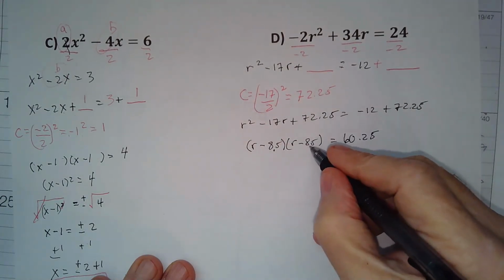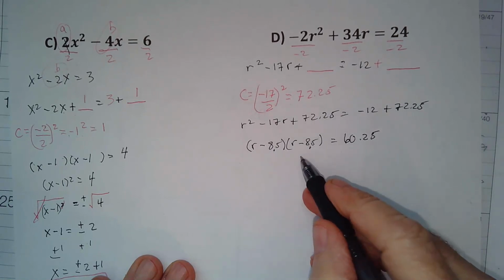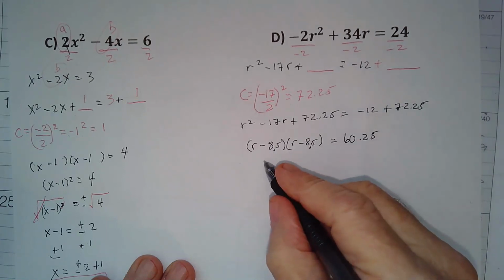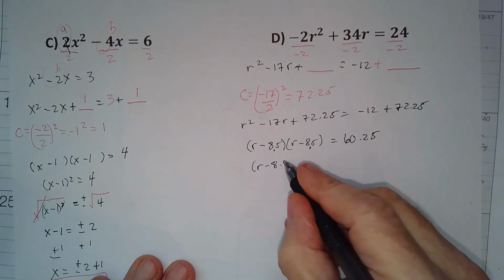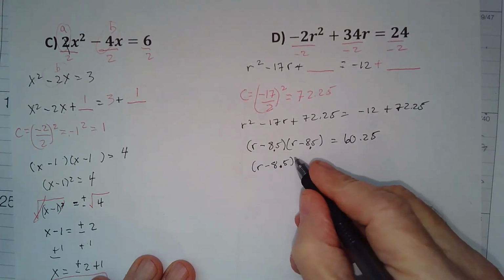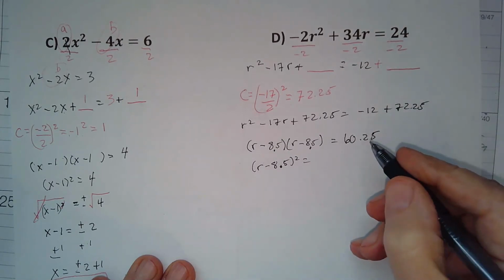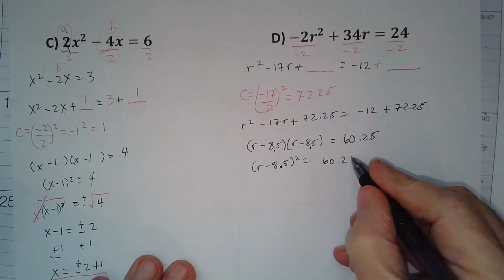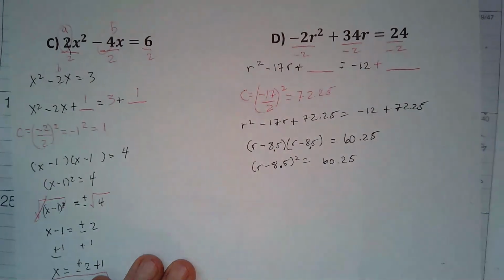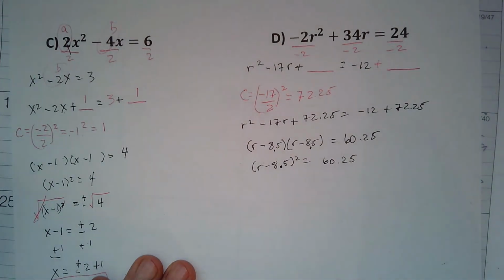Okay, so this is r minus 8.5 times r minus 8.5. We can change that to r minus 8.5 squared equals 60.25. All right, so we can take the square root of both sides.